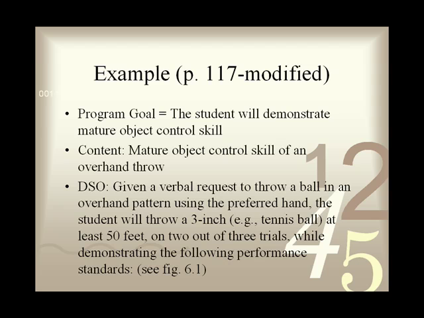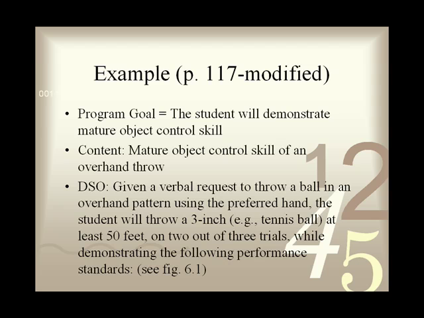So the DSO, or the learning objective, is: given a verbal request to throw a ball in an overhand pattern using the preferred hand, the student will throw a 3-inch, for example, a tennis ball, at least 50 feet on 2 out of 3 trials while demonstrating the following performance standards.